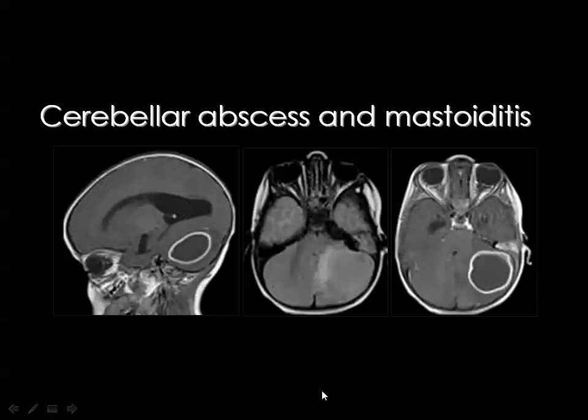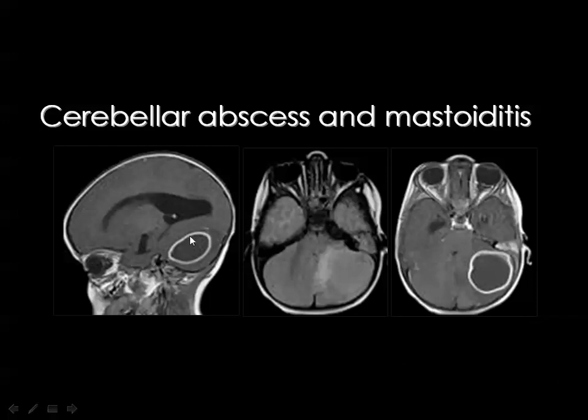Posterior fossa abscesses may be related to ear infection, and one of the tricks in the examination in cases like this is not to forget to look at the petrous bone for signs of infection or inflammation, which may sometimes contribute to the etiology of cerebellar abscesses.